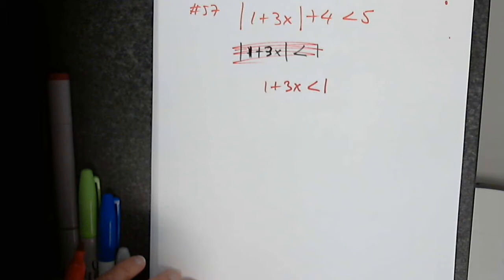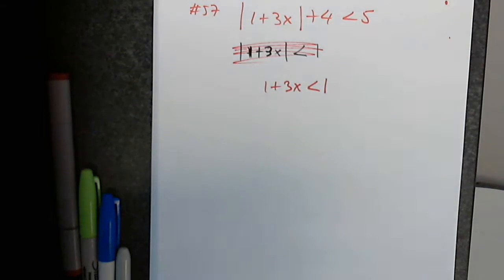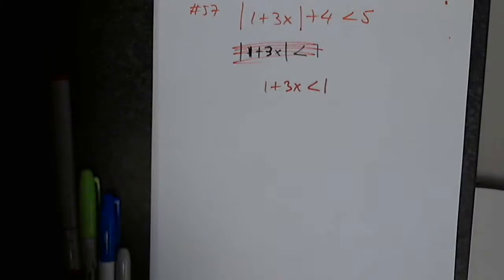And then the other one would be 1 plus 3x greater than negative 1, right? So what is the relationship between the two? Because you said 1 plus 3x negative 1. Oh, so what do you think? Less than negative 1. Less than negative 1 will be far away, and the distance will be more than 1.